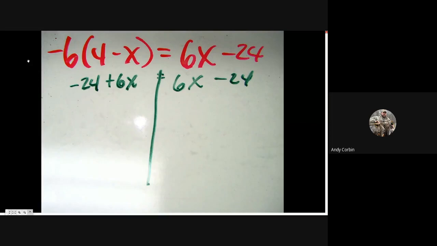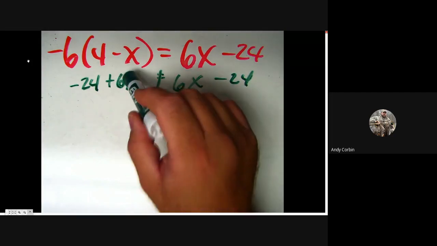All I did was the distributive property. That's just the distributive property, right? The negative 6 times the 4. The negative 6 times the negative x. That gives you positive 6x right here.